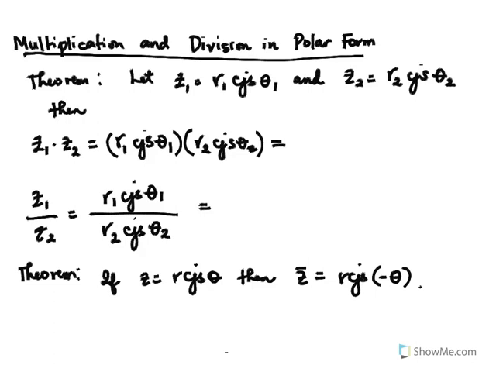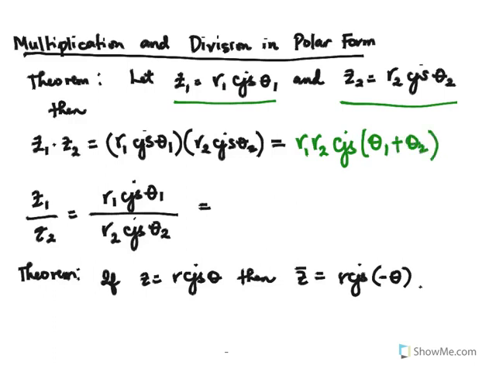So, the product of Z1 and Z2, if Z1 is R1 CJS theta 1 and Z2 is R2 CJS theta sub 2, is just equal to the product of the moduli of the two complex numbers CJS sum of the arguments theta 1 plus theta 2.